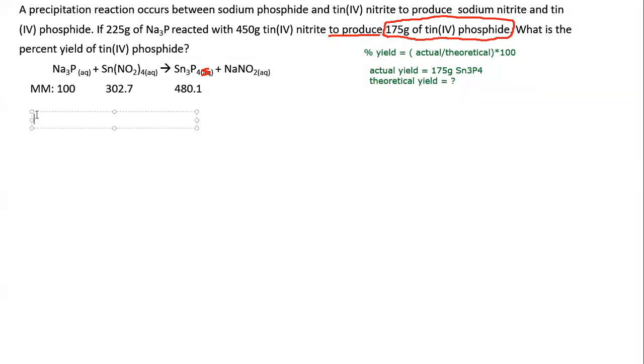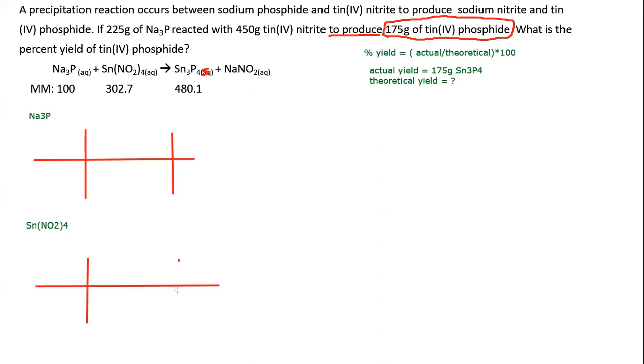So again, just like in the previous examples, I'm going to set up my train tracks for both sodium phosphide and tin-4 nitrite, with slots 1, 2, and 3, and 4.